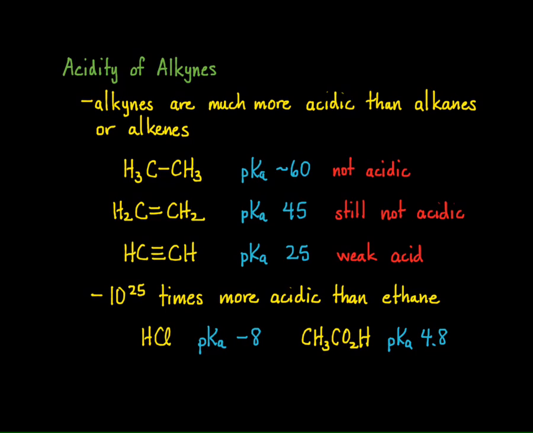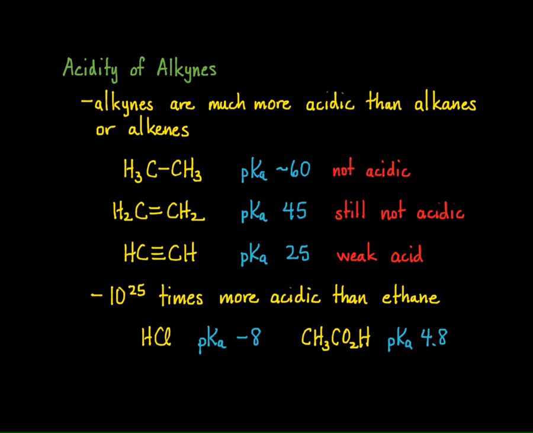That is a weak acid relative to HCl, but in terms of an organic compound, it's a fairly strong acid, and there are a lot of bases that can remove a proton from acetic acid. As the pKa increases, you're decreasing the acidic nature. Acetylene is still a weak acid, but it is acidic.